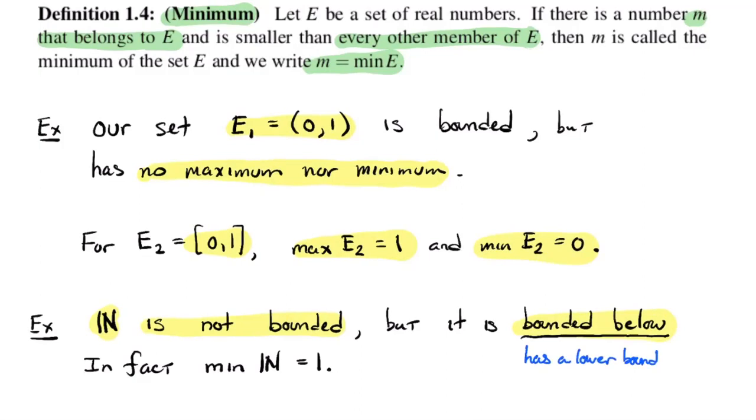So it's not a bounded set, but it does have a lower bound, so I'll say that it's bounded below. In fact, it even has a minimum. The minimum element of the set of natural numbers is the number 1. 1 is a natural number that belongs to the set of natural numbers, so it's its minimum.